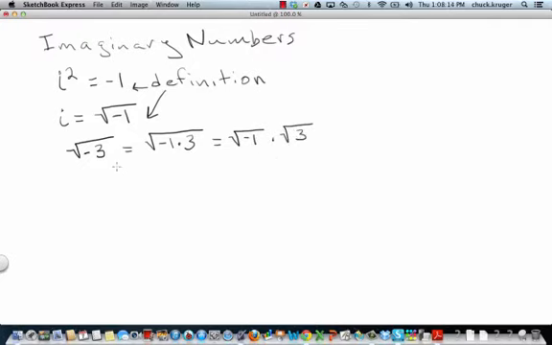So I can simplify the square root of negative 3 by replacing the square root of negative 1 with i, giving i times the square root of 3. A lot of times you see it as i square root of 3, which means exactly the same thing.